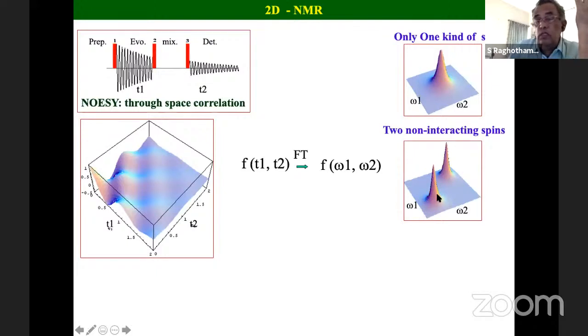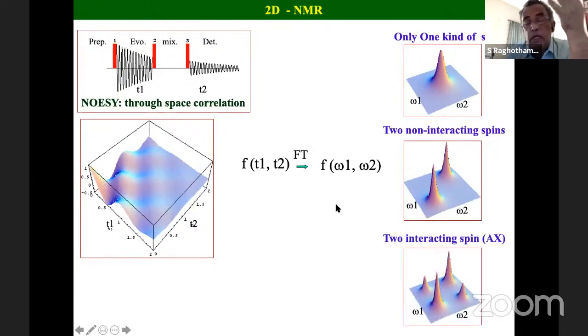The frequency on this dimension or that dimension happens to be the same. But if you take a coupled spin system, like yesterday I was telling you, an AX coupled spin system, then there is some information. Now, the 2 spins are represented on the diagonal. So the diagonal represents a 1D spectrum. Now you have this chemical shift, whether you read it from this side or this side, it will be the same.